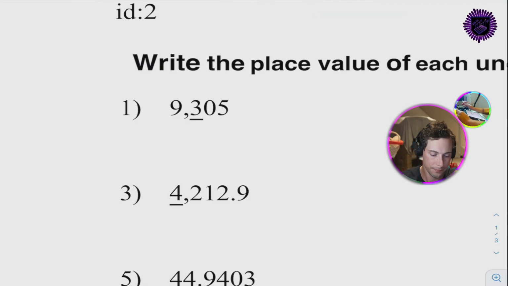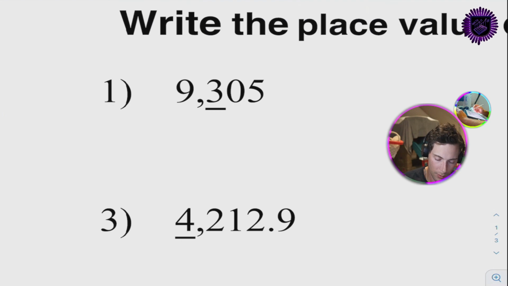For question number 1, our decimal would be here, and we would be 1, 2, 3 decimal places over. That decimal place would be the hundreds place value.